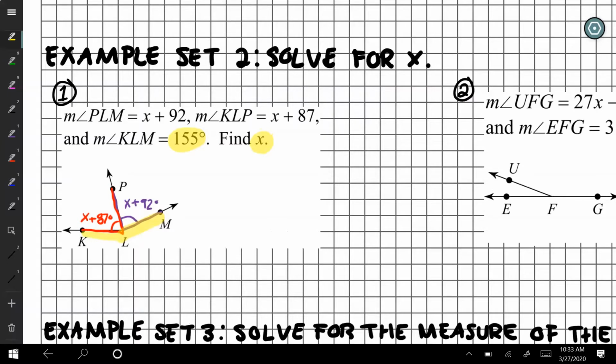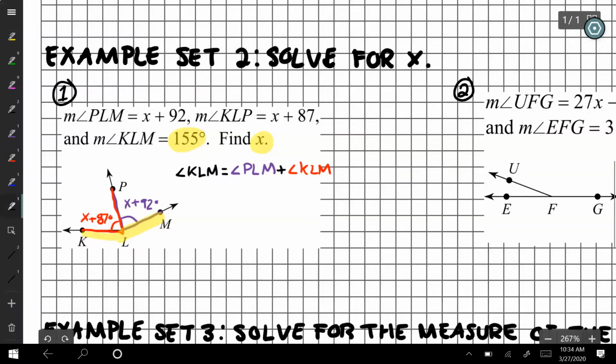So we're going to set this up the same way as before. So KLM is going to equal PLM plus KLP. Alright, and then I'm going to substitute everything that I know.